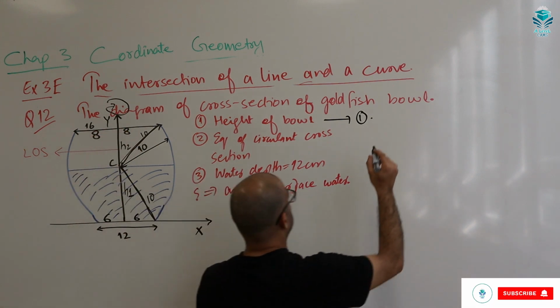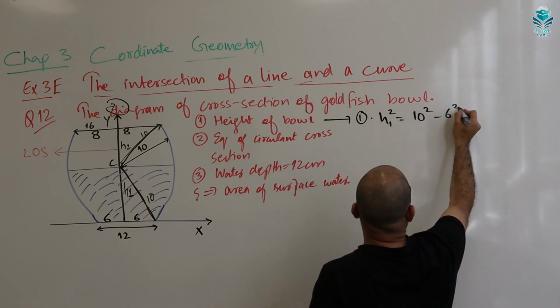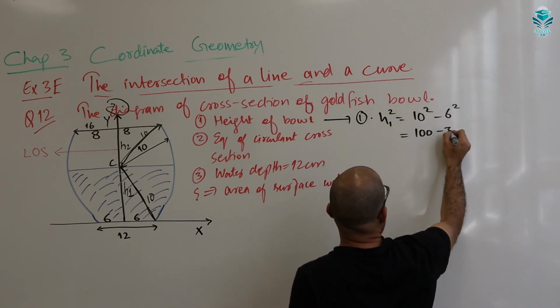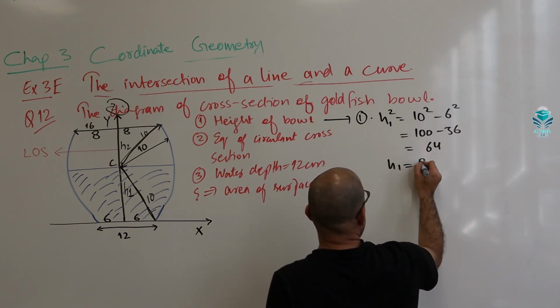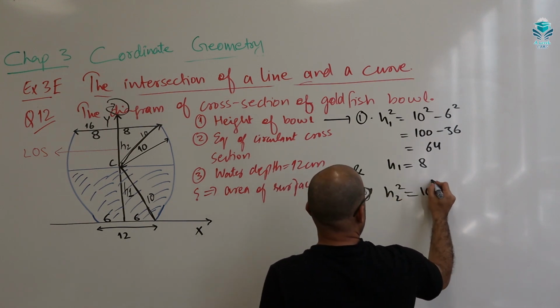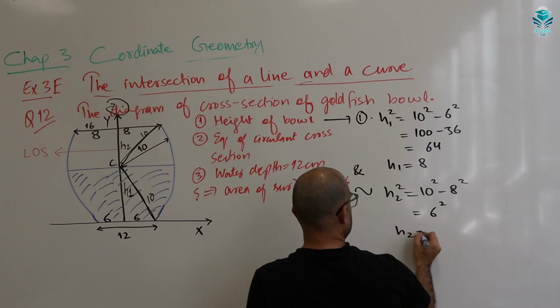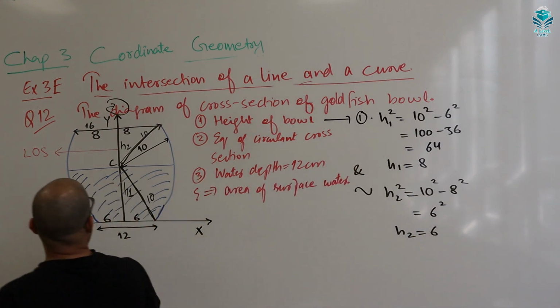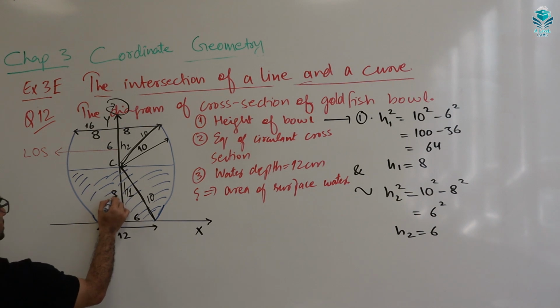So h1 can be found by the Pythagorean theorem: 10 squared minus 6 squared, 100 minus 36 is 64, so h1 is 8. Similarly h2 squared is 10 squared minus 8 squared, which is 36, so h2 is 6. So it means h2 is 6 and h1 is 8.